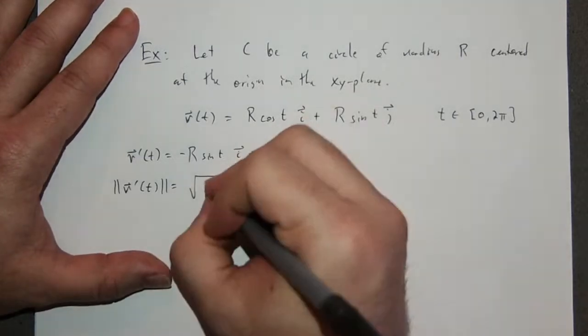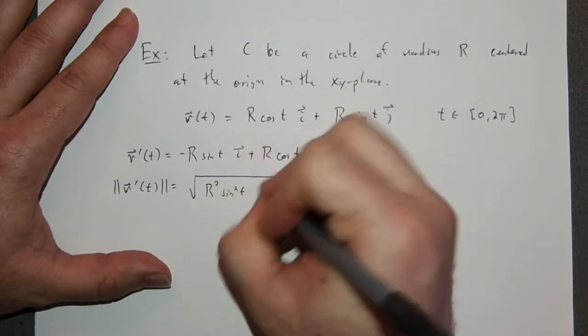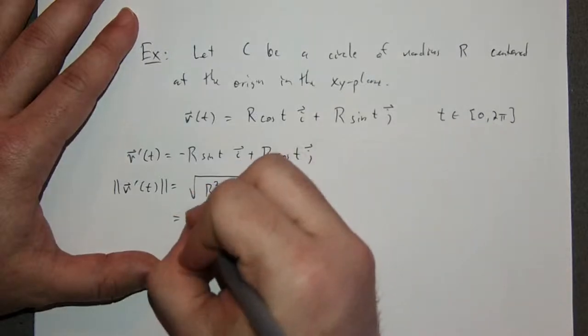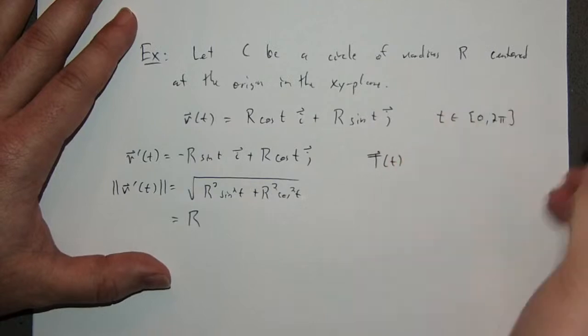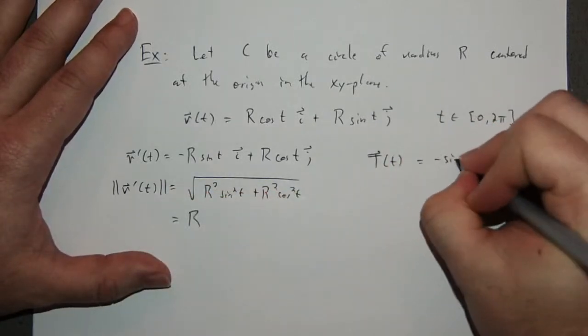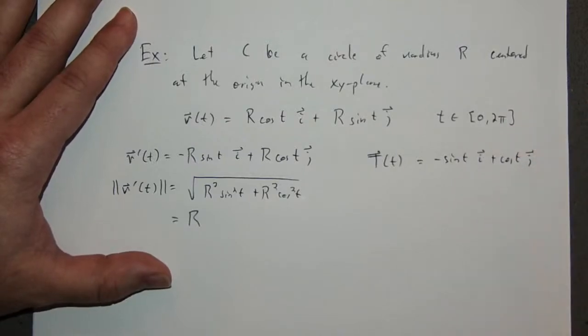So this is the square root of r squared sine squared t plus r squared cosine squared t. So clearly r. So T is r prime divided by the length of r prime. So this is minus sine t i plus cosine t j.